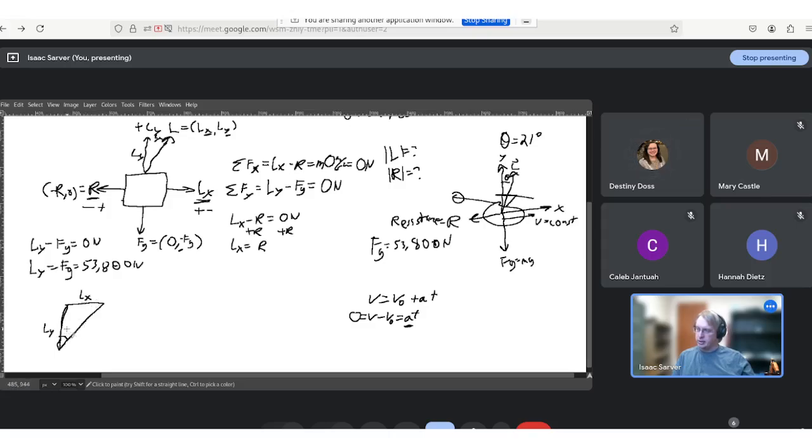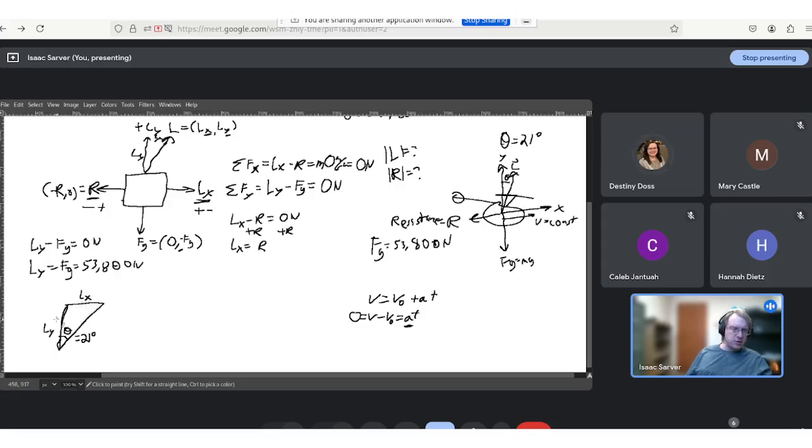I know this angle here to be theta, in particular 21 degrees. Alright, we can do some trig. What trig should I be using? I have the angle and the adjacent, and I'm looking for the opposite.